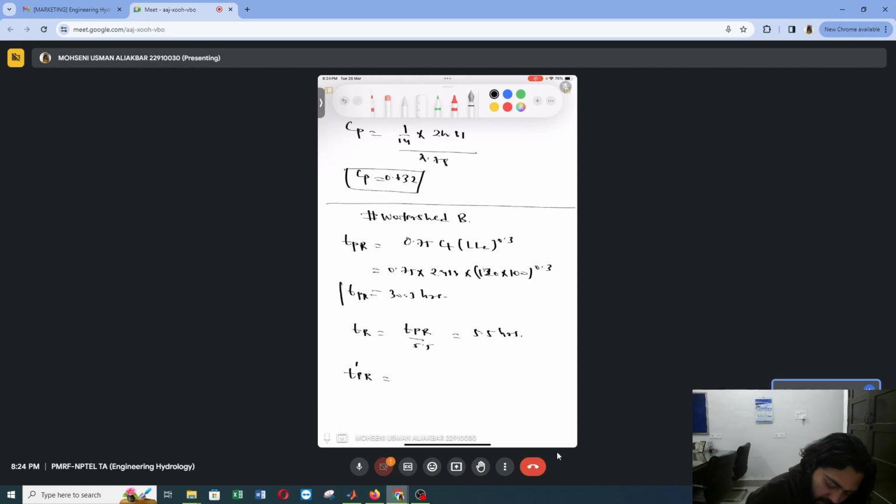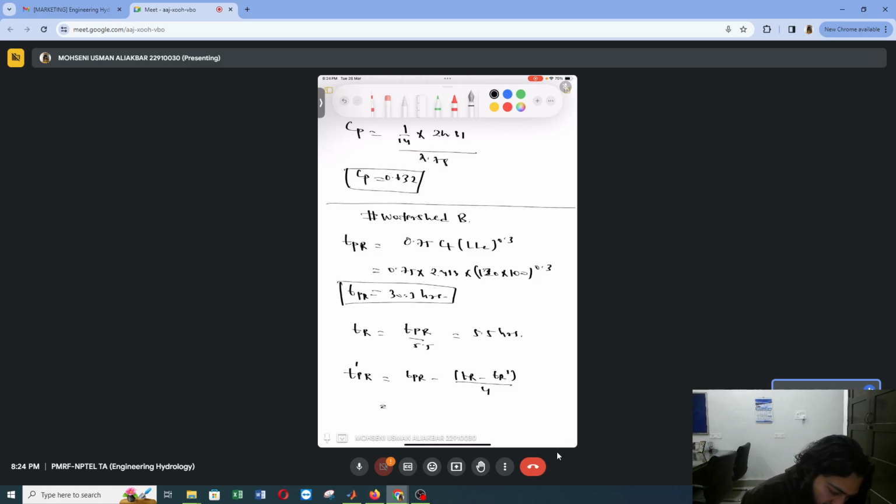So we are making an adjustment to this value, T dash of PR, by using the equation TPR minus (TR minus TR dash) divided by 4, right? So TR dash is the duration of the synthetic unit hydrograph that is asked of us.